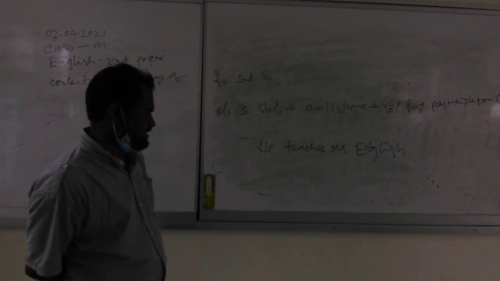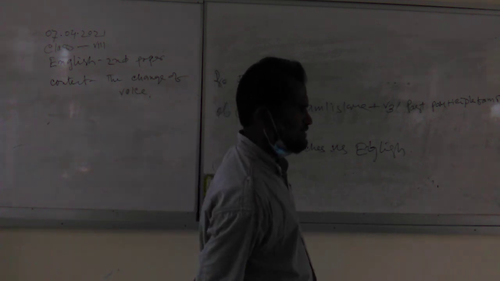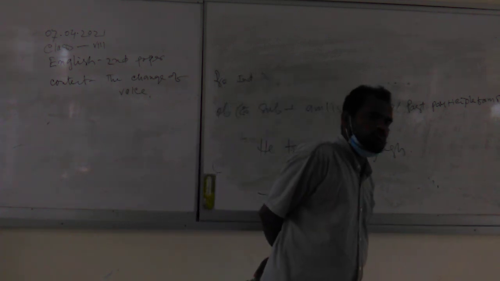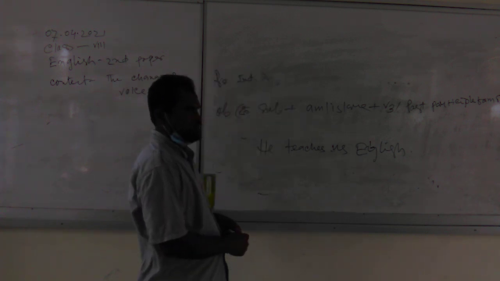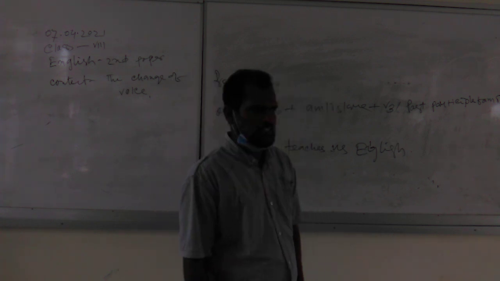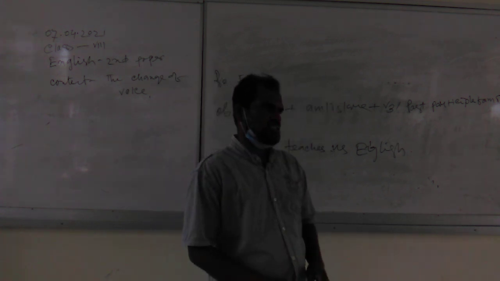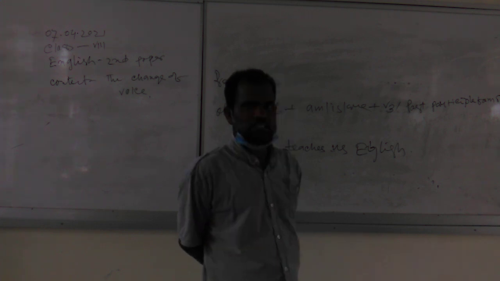It is better, but you know that any object can be turned into a subject. So it will be very good if you make a subject from the indirect object. You know that us is the indirect object and English is the direct object.